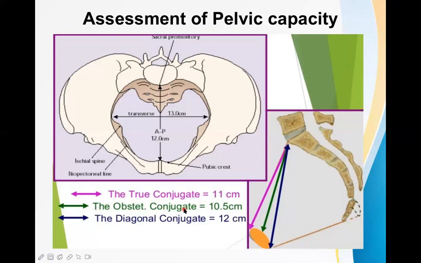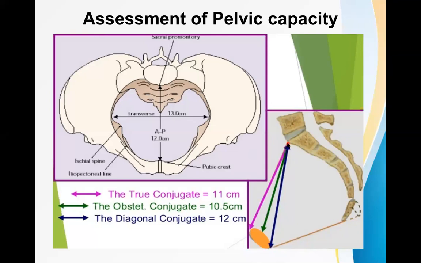Now, obstetrical conjugate means the middle part of the symphysis pubis anteriorly and posteriorly the sacral promontory, and the diagonal conjugate, the longest one, is anteriorly the inferior border of symphysis pubis, and posteriorly the sacral promontory.